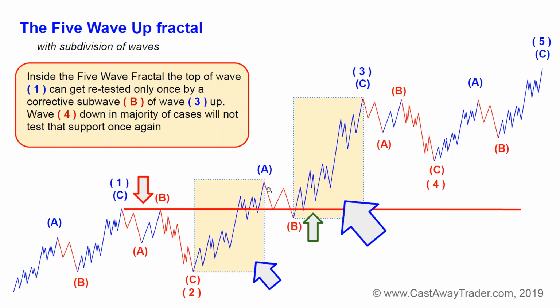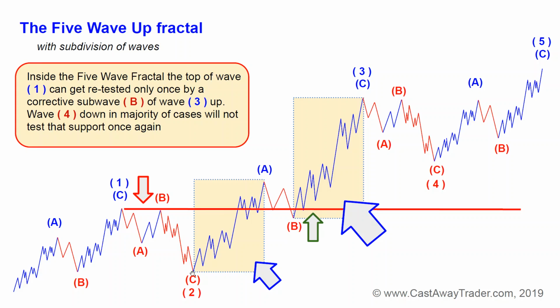We get another push higher, and that is the first leg up in wave 3. This is subwave A of 3, and after that it should produce another pullback in subwave B of 3. Normally it comes as a shallow pullback, and again it should make a higher low in comparison to the low made by the previous corrective wave 2 down.